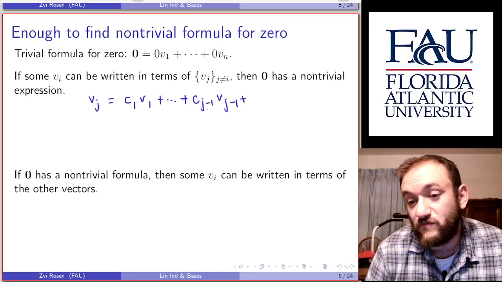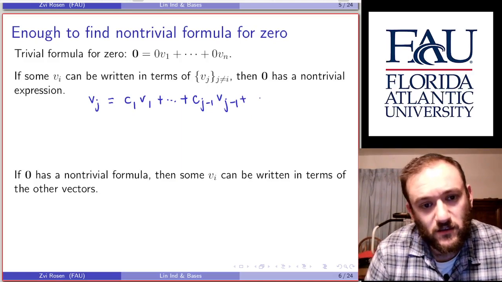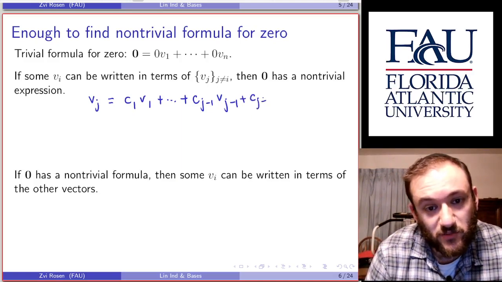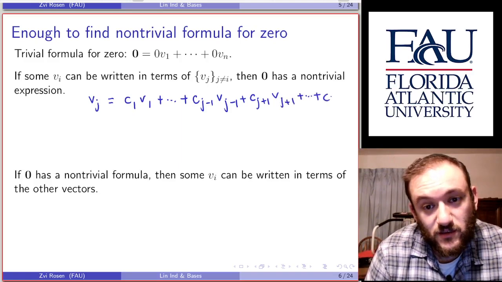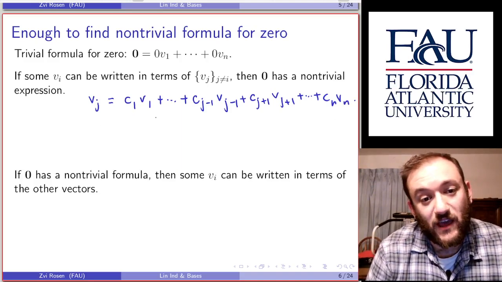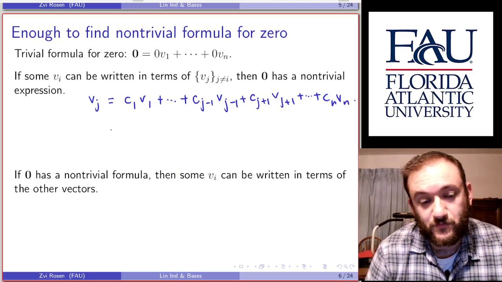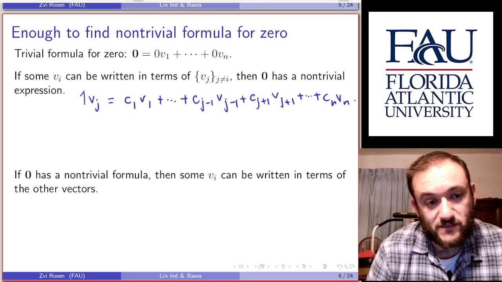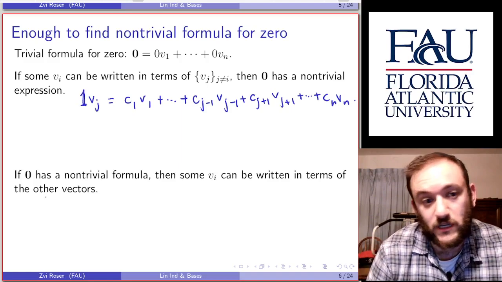Now we're saying that vj is not part of this formula, so we'll skip right to cj plus 1 vj plus 1 up to cn vn. Okay, well then 0, and we know that this has an unspoken coefficient of 1 here.